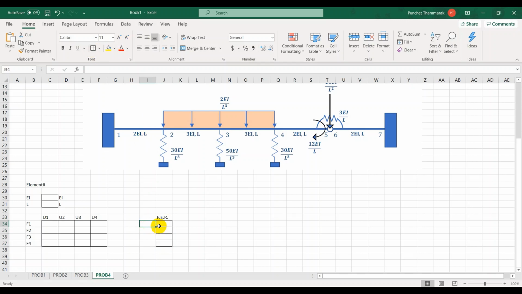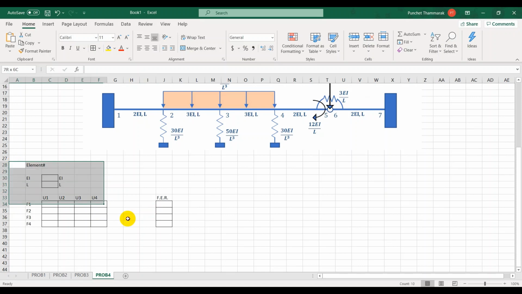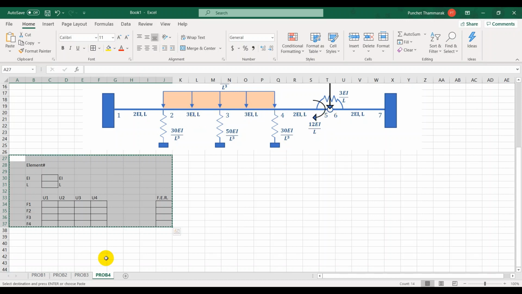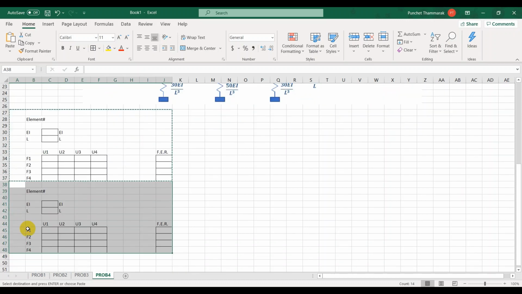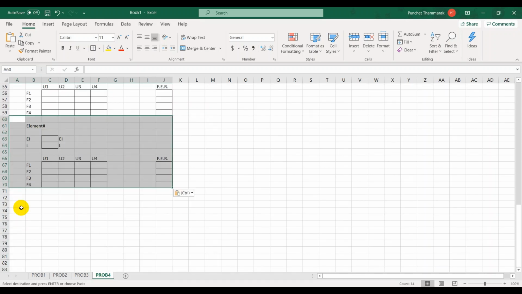Okay, I think that's pretty much it. What else do we have? Nothing. So I'm going to copy this 5 times. 1, 2, 3, 4, 5. Yeah, it's going to be quick.